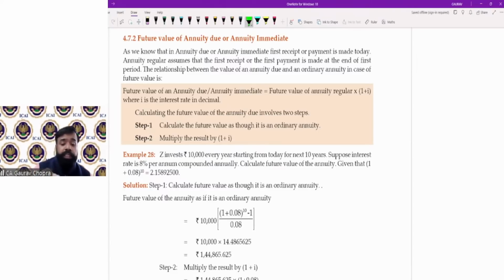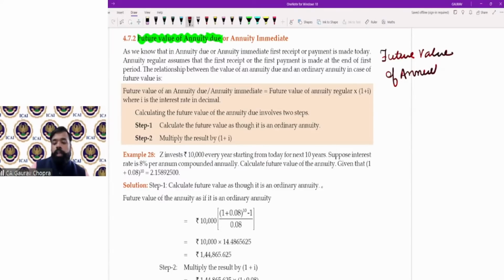So in the previous session, we had started with the future value of annuity regular, but now we have to do the future value of annuity due. So let's write future value of annuity due. Annuity due we can say, or it is also known as immediate.